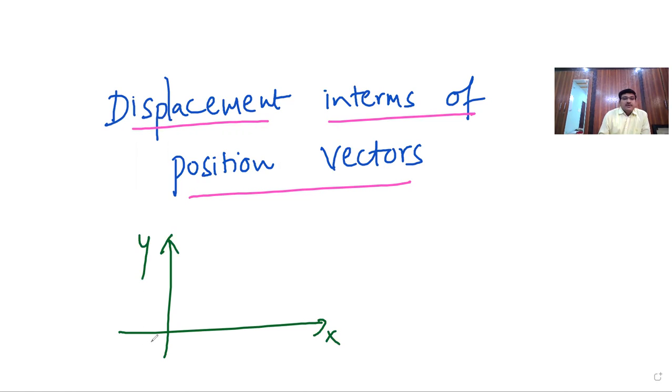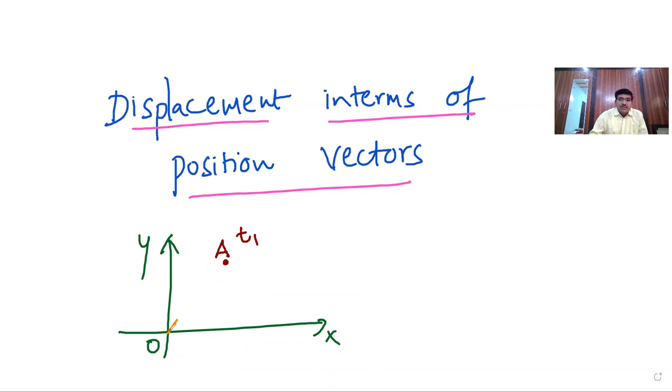This is y-axis. Let us say the object is present at this position A, at time t1. I am indicating the position of the object with reference to the origin. I connect from origin to this object. This is the position vector.